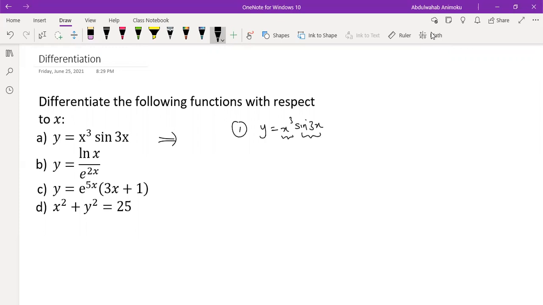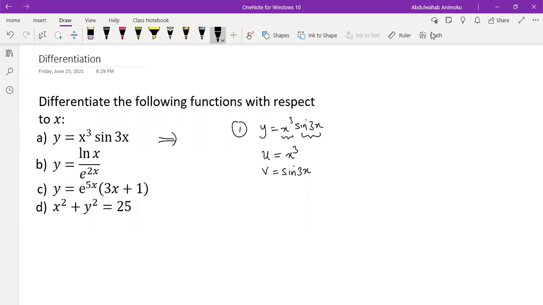We can simply remember how you determine whether it's going to be product rule or not is by substituting another variable for your functions. So we substitute u for x cubed, and v for sine 3x, to make y look as simple as possible.